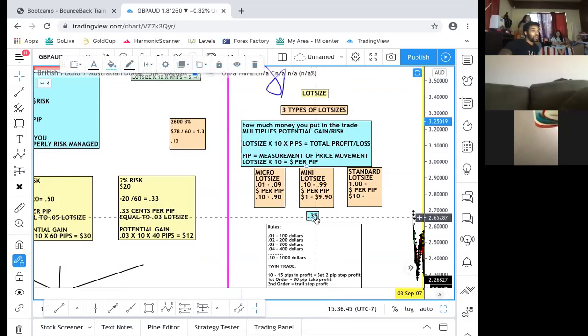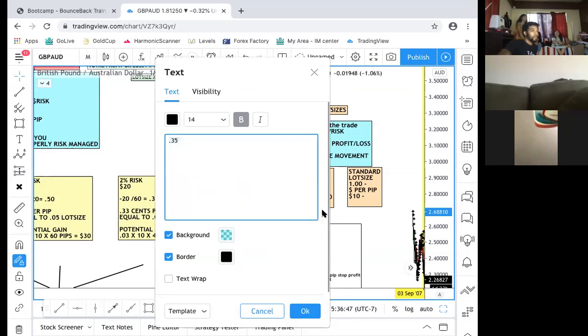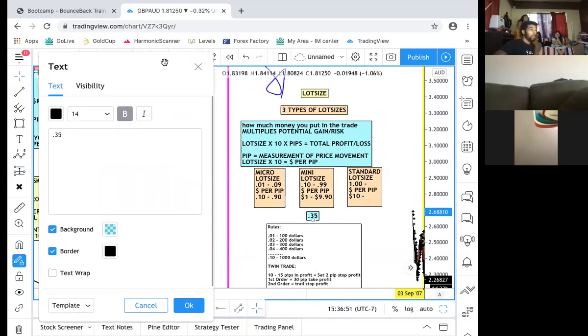So if we have a 0.35 lot size, what we're gonna do, we're gonna plug it into our formula, multiply by 10, and that's going to give us... All I do, I just move the decimal over like that. Boom.